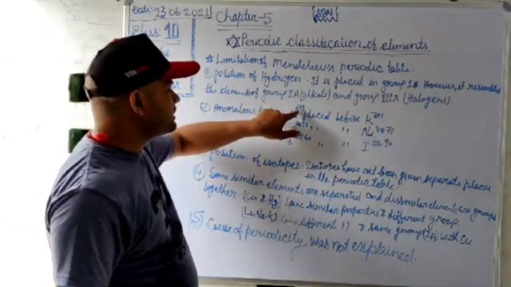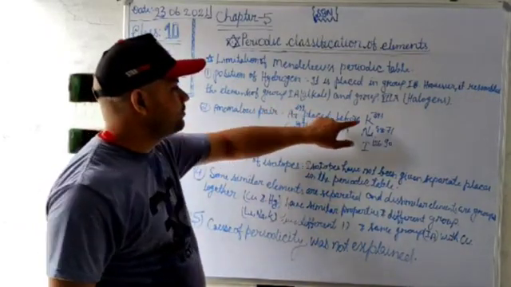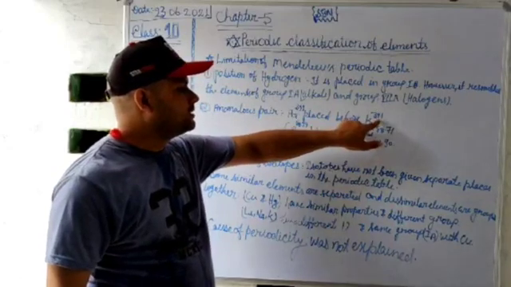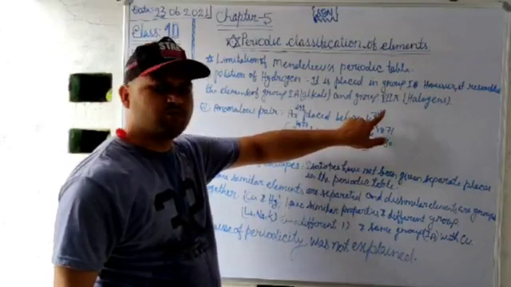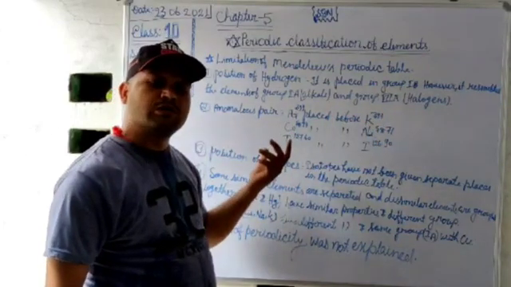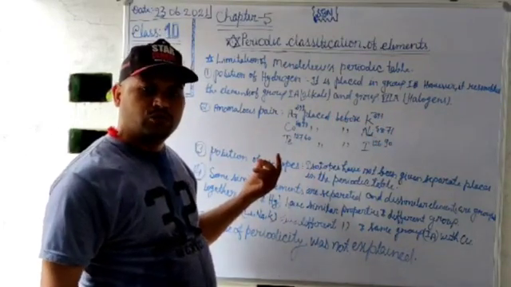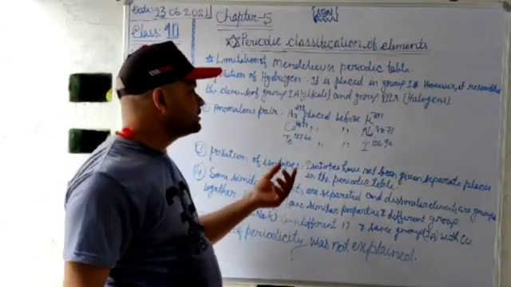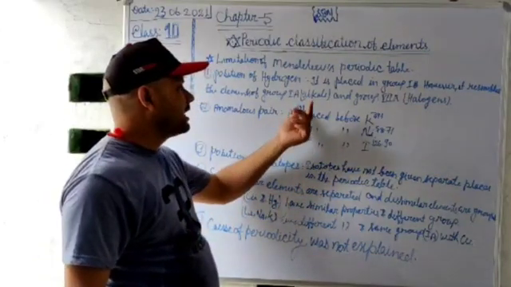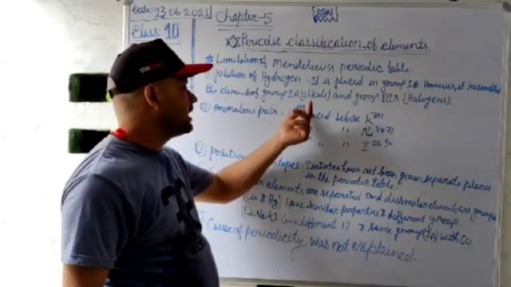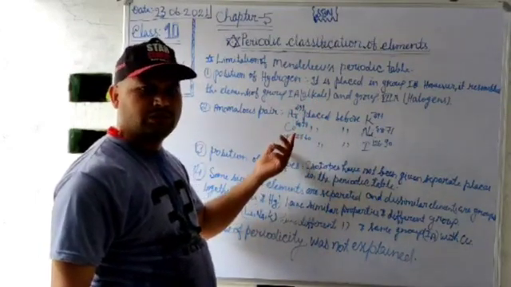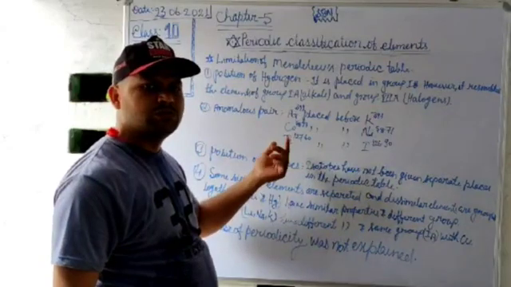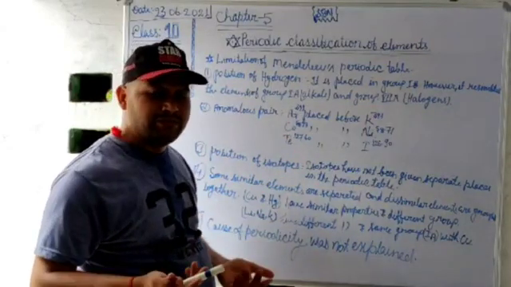However, the atomic mass of potassium is 39.1, and it is placed after argon. You can look at the periodic table. While the atomic mass of argon is 39.9, so it is a great doubt while arranging the elements.